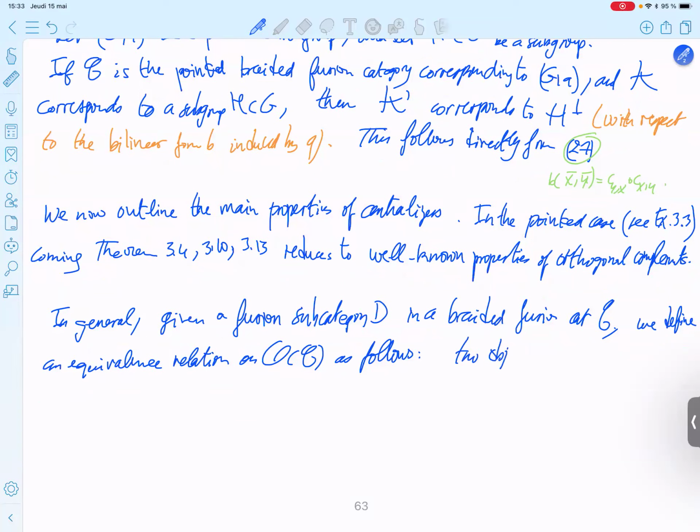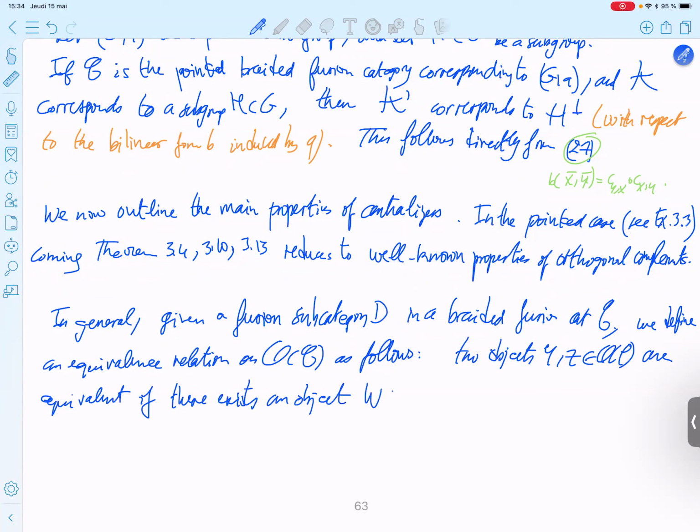Two simple objects Y, Z are equivalent if there exists an object W in the centralizer such that Y is a subobject of Z tensor W. According to this definition, it is easy to see that this is really an equivalence relation.